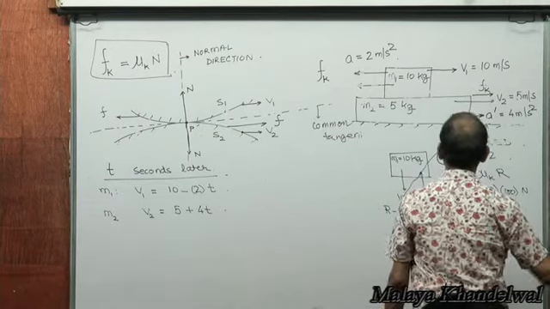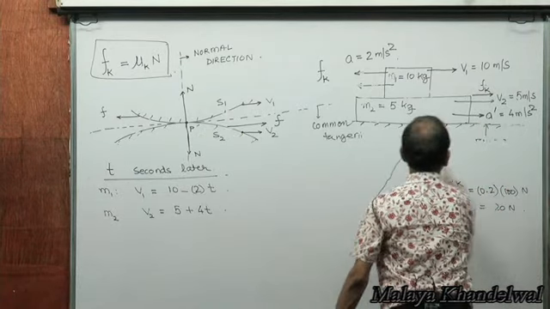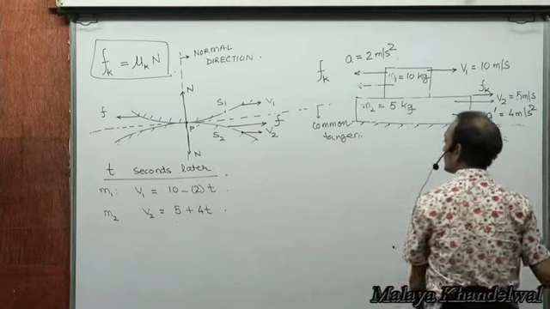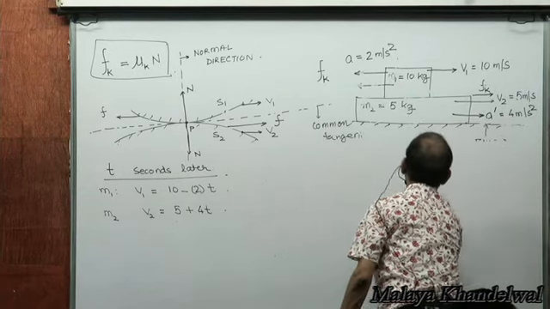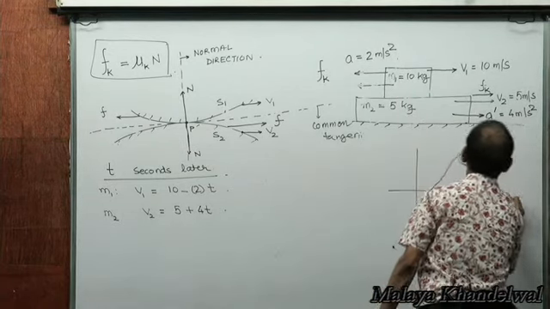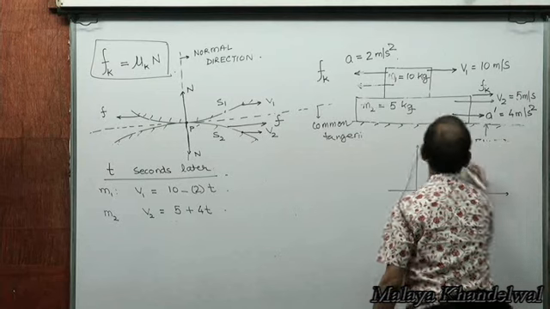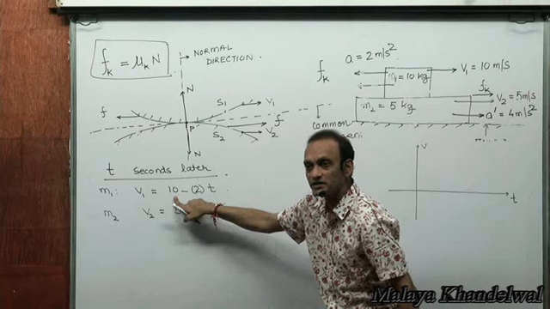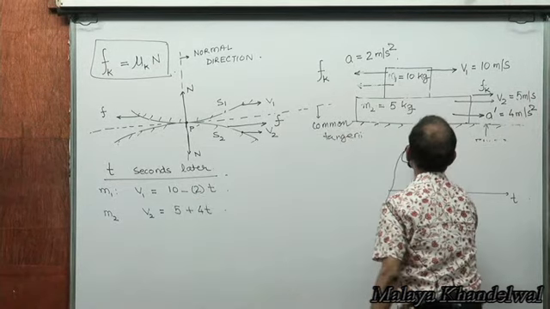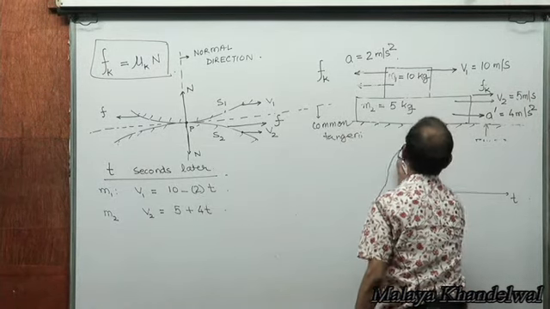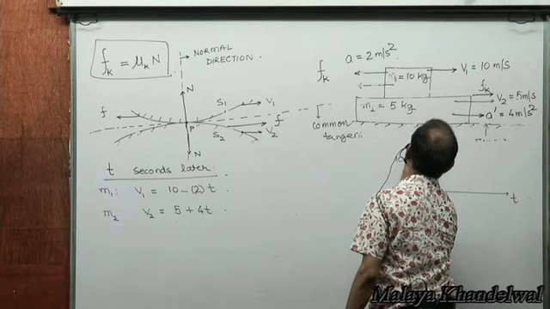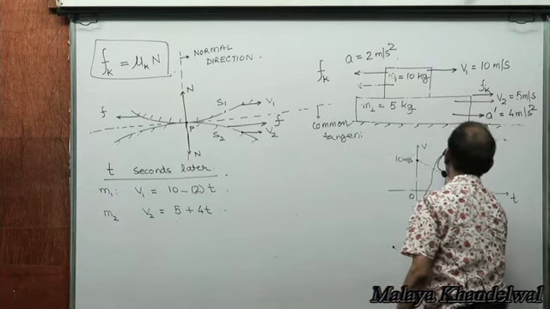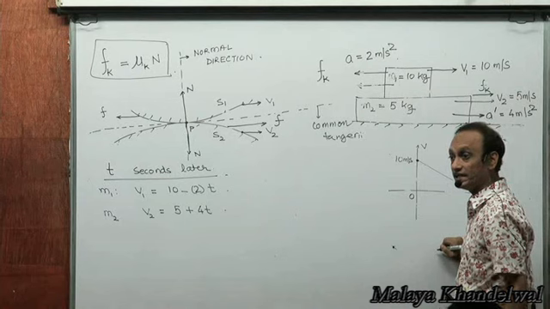So how it happens is, if I draw in the VT plane, the velocity time graph: m1 starts at t equal to 0 at 10 meters per second, and its velocity is decreasing linearly with time.